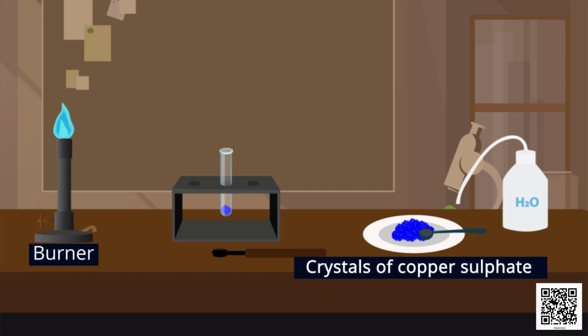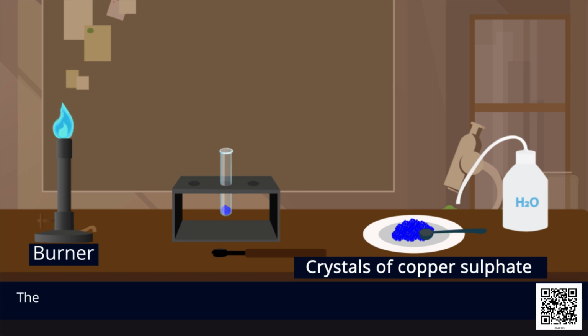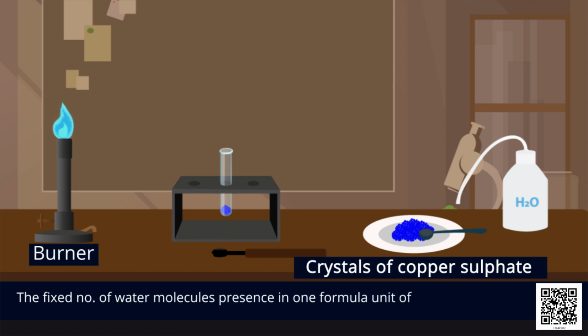Removal of water molecules from the crystals of copper sulfate turned blue crystals to white. This fixed number of water molecules present in one formula unit of a salt is called water of crystallization.